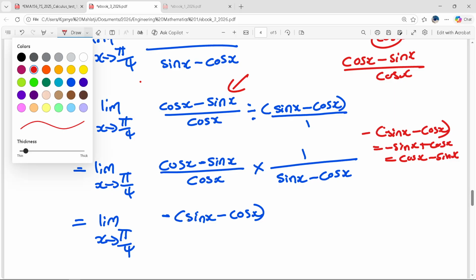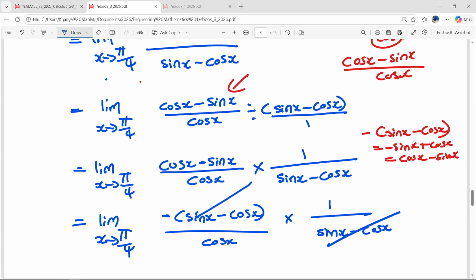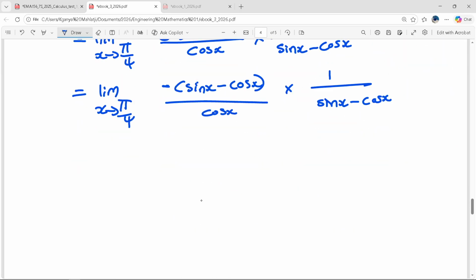We just rearrange the terms, over cos x multiplied by 1 over (sin x − cos x). Therefore this one is going to cancel this one. Let's continue. Therefore here you have the limit as x approaches π/4 of −1 over cos x.